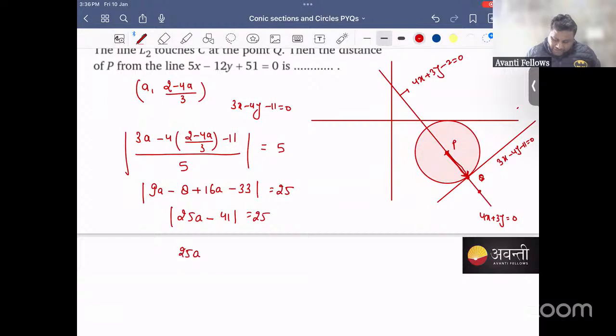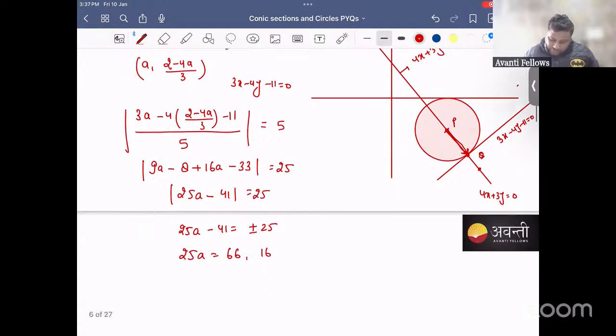So 25a minus 41 is going to be plus minus 25. So 25a is 41 plus 25, that is 66, or it is 41 minus 25, that is 16. So A is going to be 66 upon 25 or 16 upon 25.